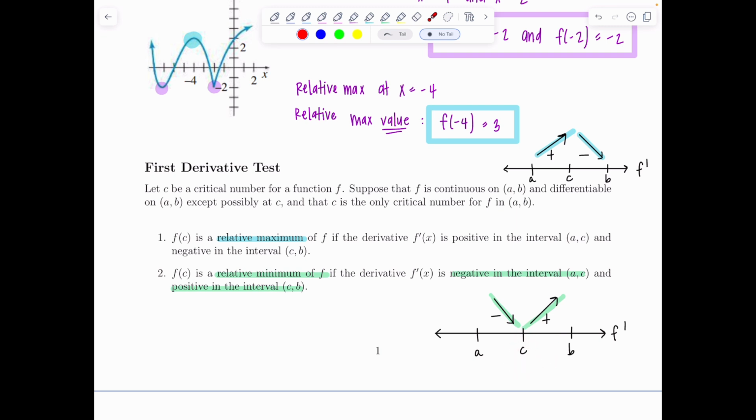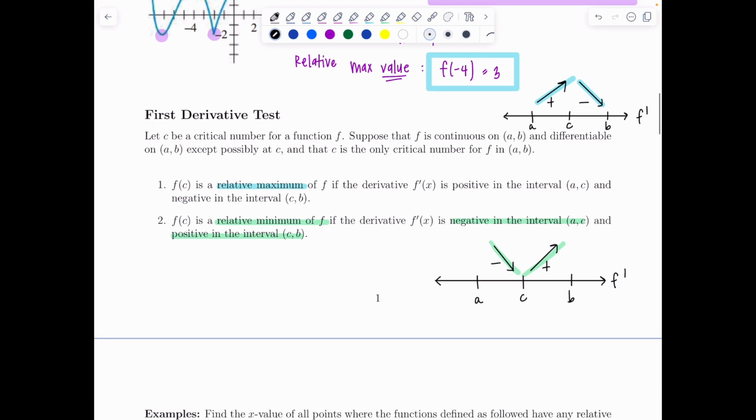Now, if you do this number line test, that's going to give you all the information that you need. And on occasion, you know what happens? There is no sign change in the derivative. So you might have a to b, here's c, and it stays negative on both sides. And c is a critical number.